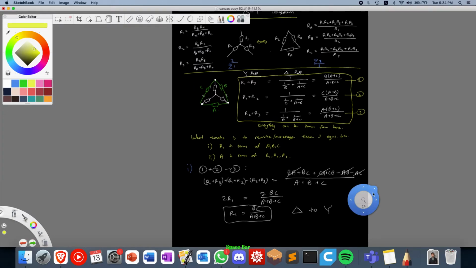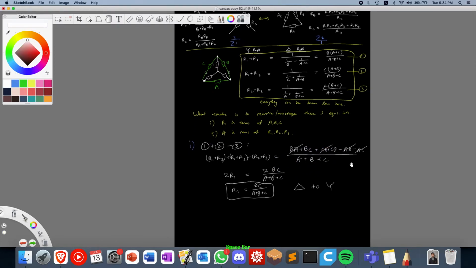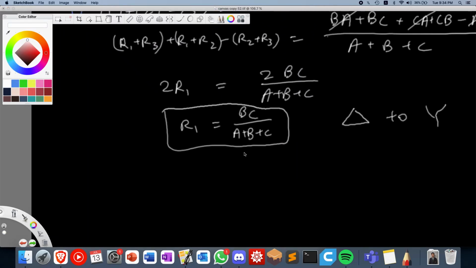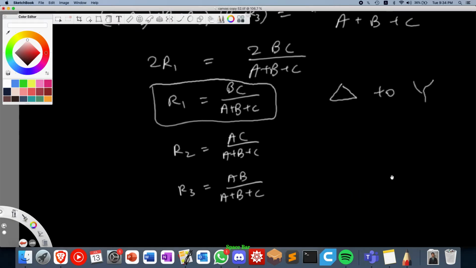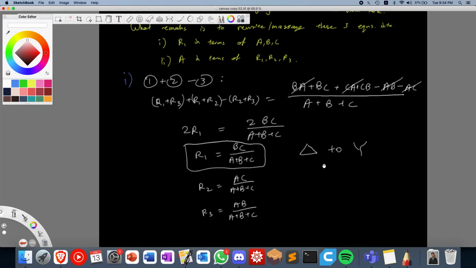Of course the others will just be R2 equals AC over A plus B plus C, and lastly R3 equals AB over A plus B plus C. These are the rest of them in exactly similar fashion.